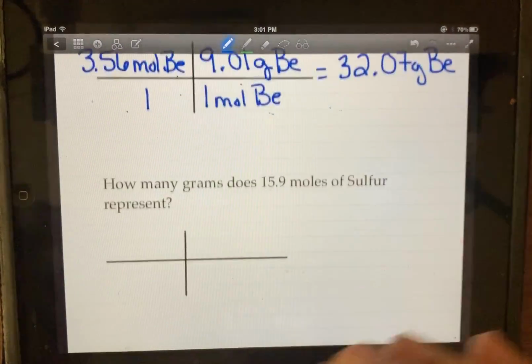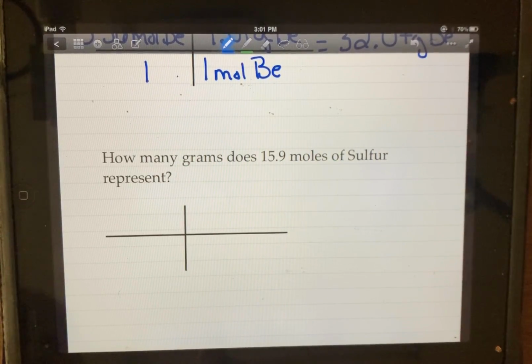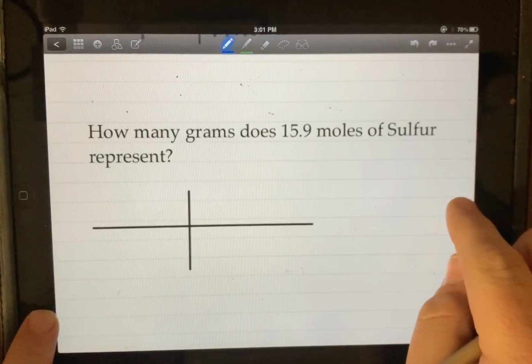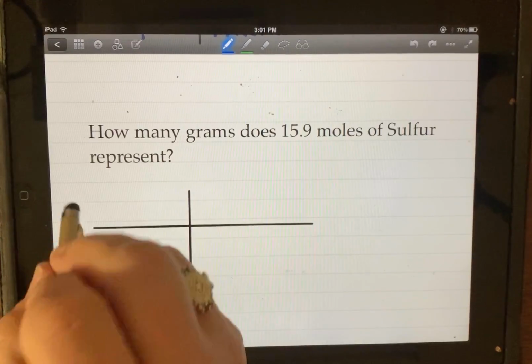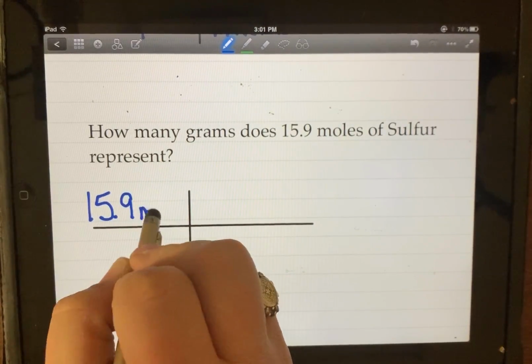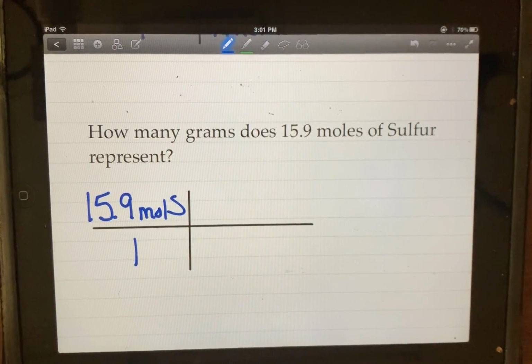Let's do another practice problem. How many grams does 15.9 moles of sulfur represent? Same thing as before. I'm going to start with what's given. 15.9 moles sulfur over 1. That doesn't change. I go again to the periodic table and I find out that sulfur is 32 grams per 1 mole. Because again, I go back to the AMU.